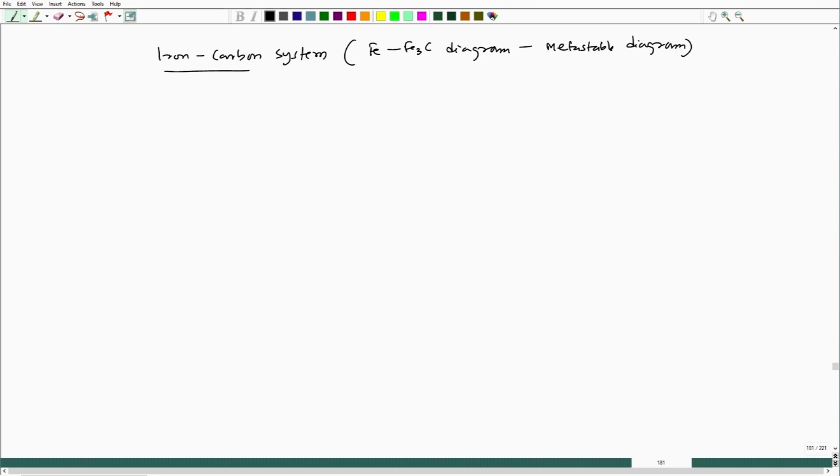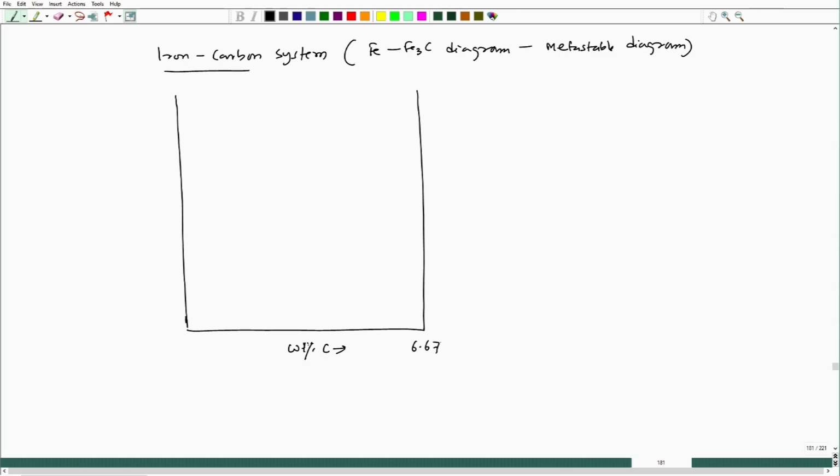Okay. So, if I try to draw that particular phase diagram, it will look like this. Fine. And this is weight percent of carbon, and on this side 6.67% of carbon we are putting, that carbon corresponds to Fe3C phase. Now, on the left side at a high temperature, which is let us say 1539 degrees Celsius, the melting point of pure iron.